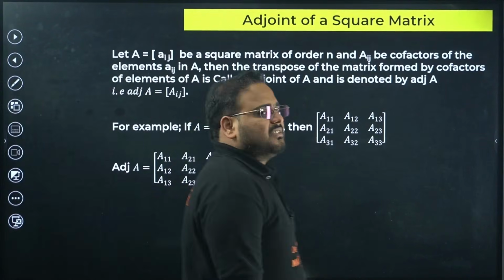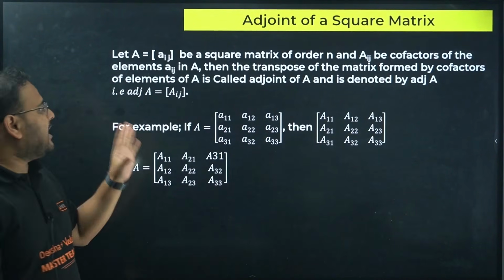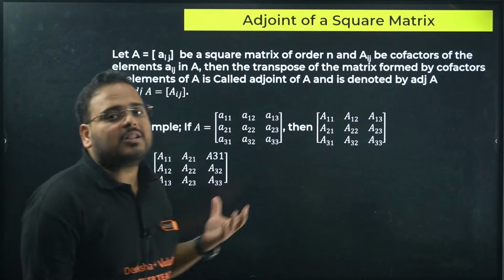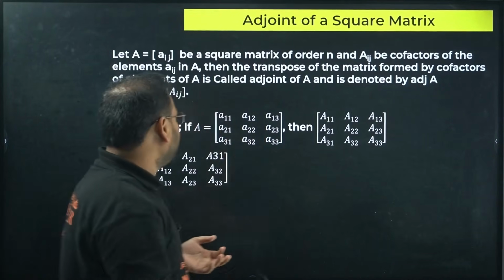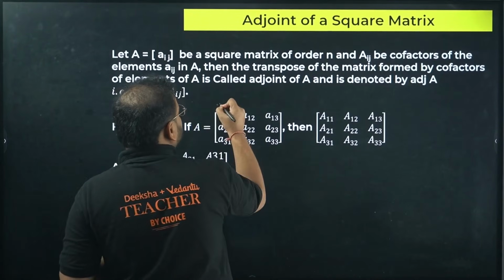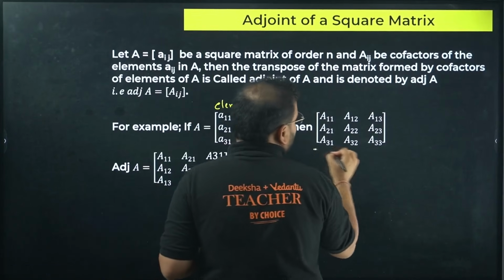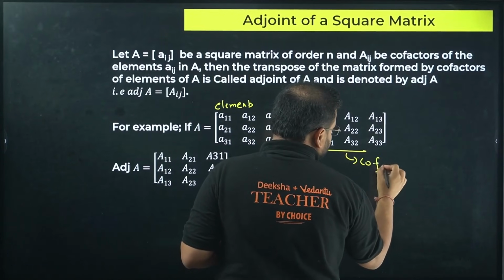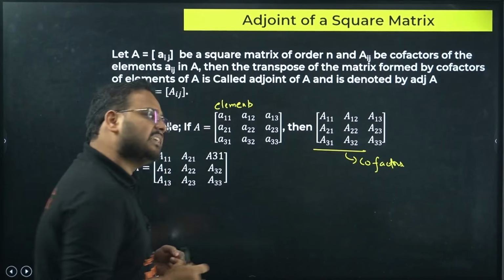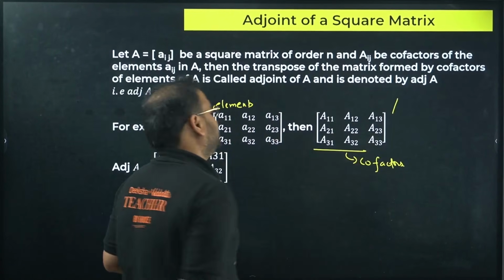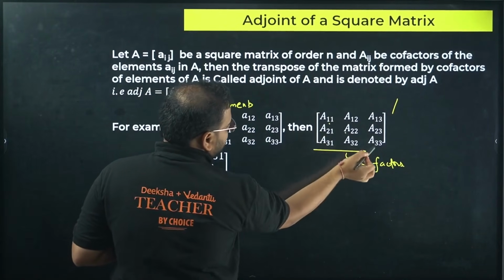Adjoint of a square matrix. Now you can feel that we are moving to the world of inverse very soon. Adjoint means that when you arrange all these cofactors, this is your elements, and this is your cofactors, and then take the transpose, check here, this remains as it is: A11, A22, A33 come as they are.